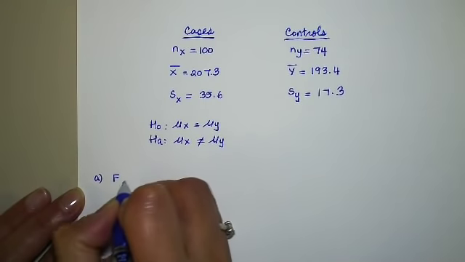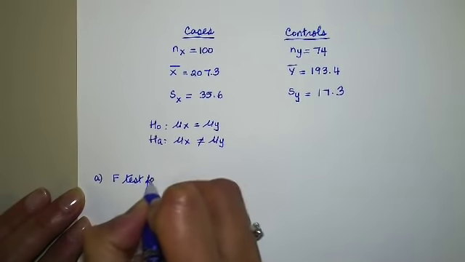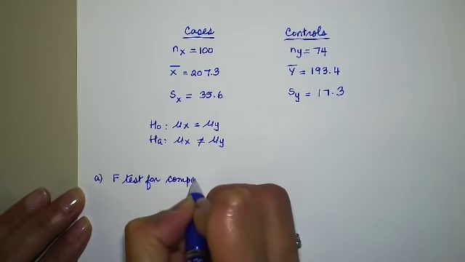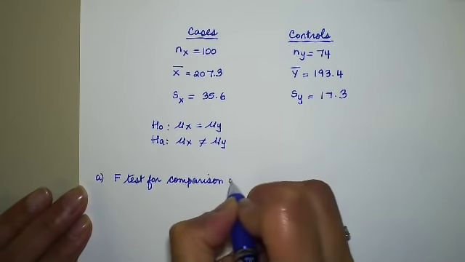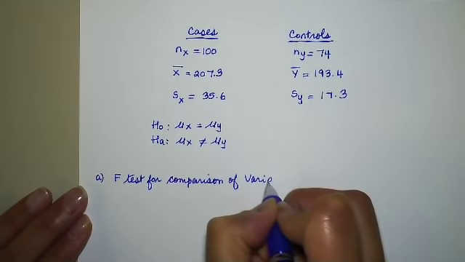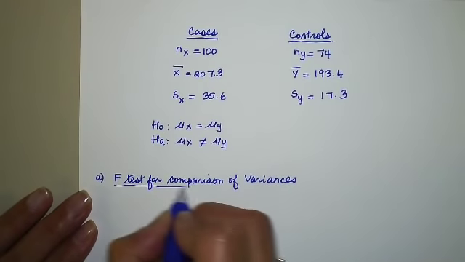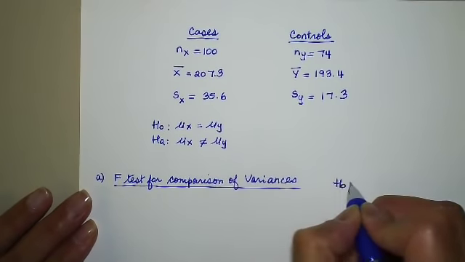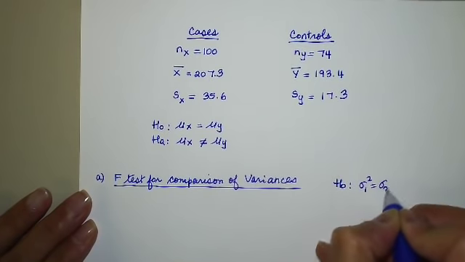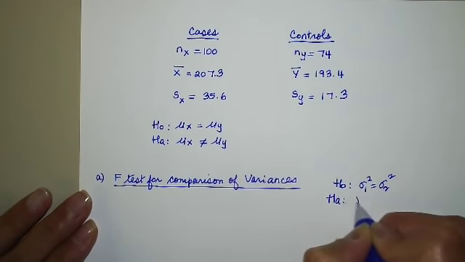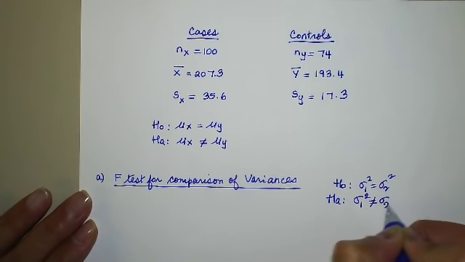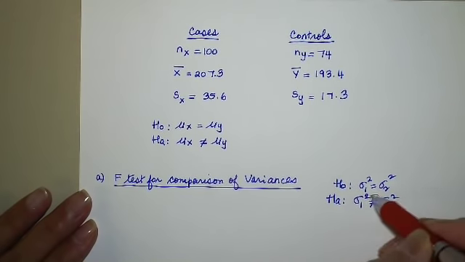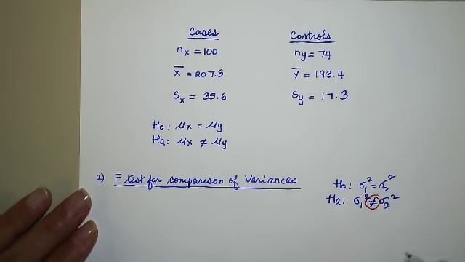Okay, so the first thing I do is an F test for comparison of variances. H naught: sigma 1 squared equals sigma 2 squared, HA: sigma 1 squared not equal to sigma 2 squared.